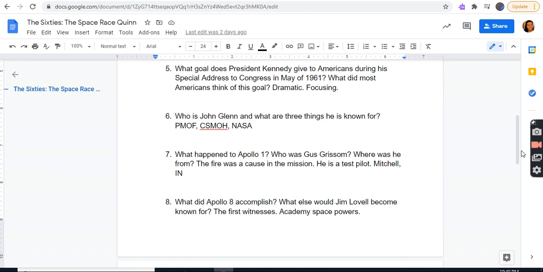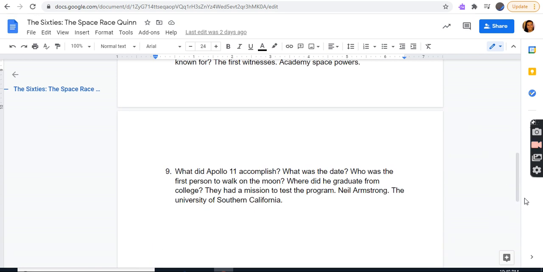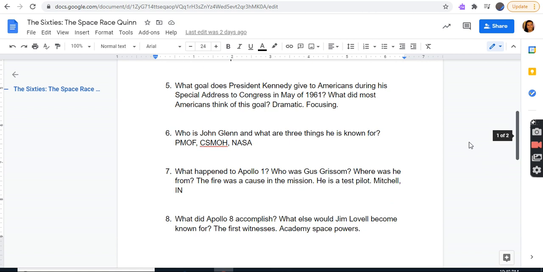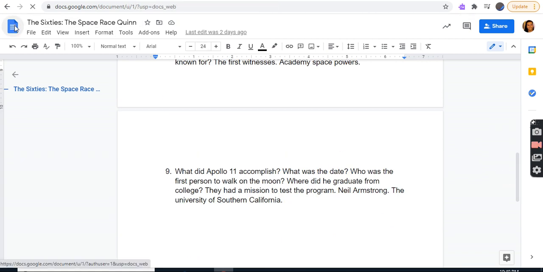He is a test pilot. Mitchell, Indiana. The fire was a cause of the mission. The first witnesses. Academy Space Powers. They had a mission to test the program. Neil Armstrong, the University of Southern California. I think that's about it.